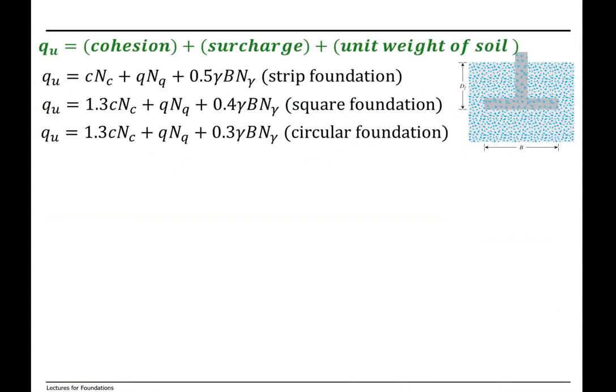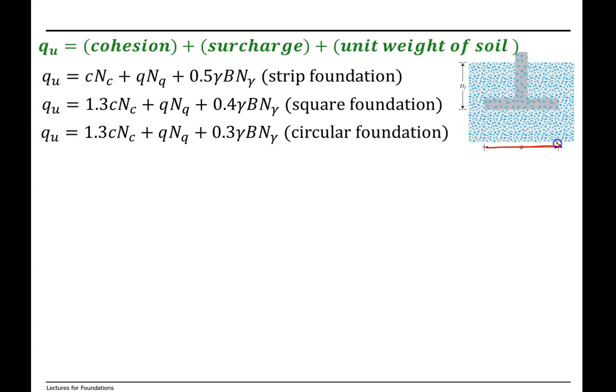Okay, let's go over more examples. So this is what we talked earlier based on Terzaghi's bearing capacity failure for shallow foundation. We can calculate the ultimate bearing capacity from a strength coming from cohesion, coming from surcharge, and coming from unit weight of soil.